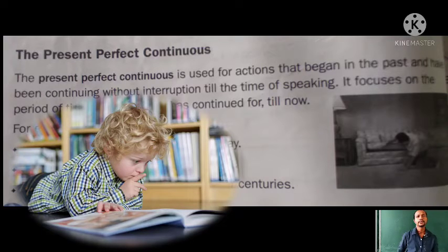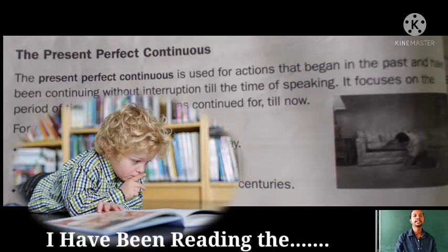Dear friends, suppose you start reading a book in the morning, 6 o'clock, and until 7 o'clock you are reading it, and at 7 o'clock your mummy or papa comes and asks what are you doing. If you want to say that from 6 o'clock you are reading the book till that particular time, then you can say I have been reading the book, that is from 6 o'clock.